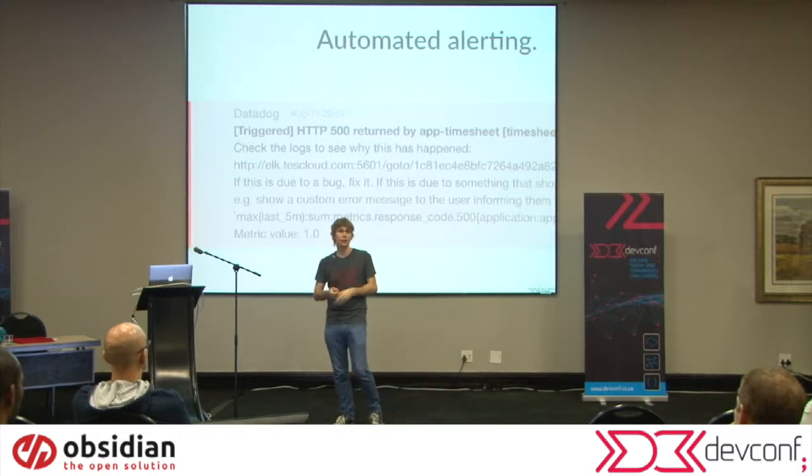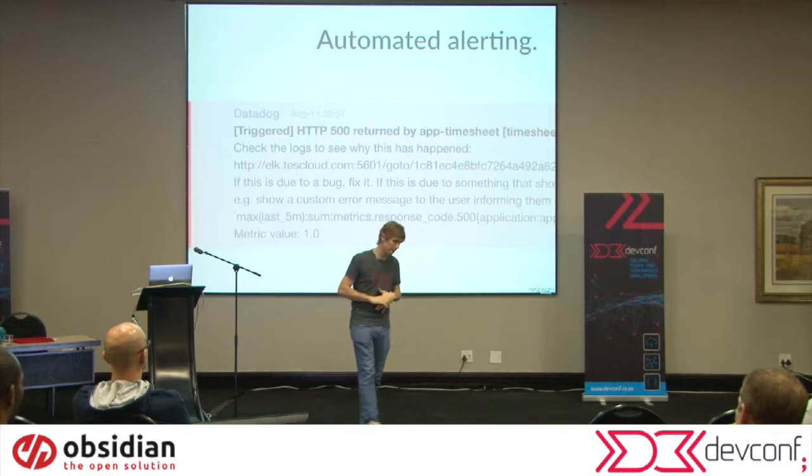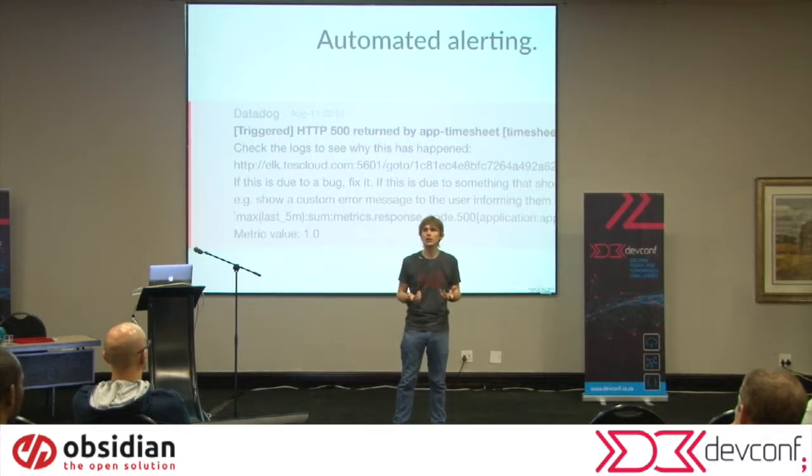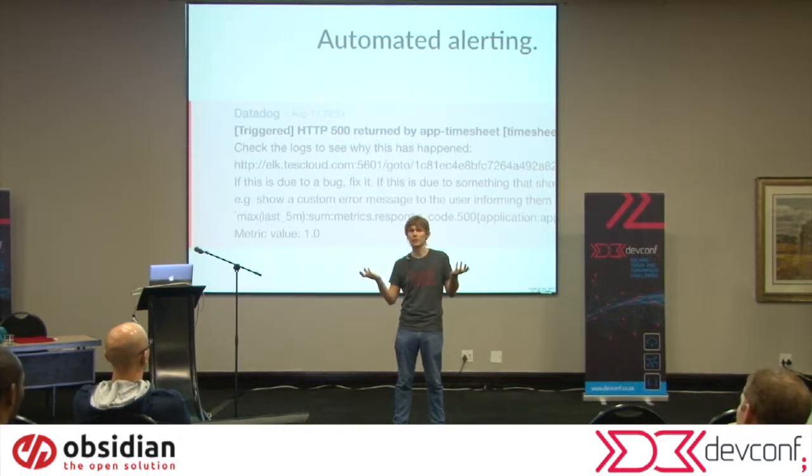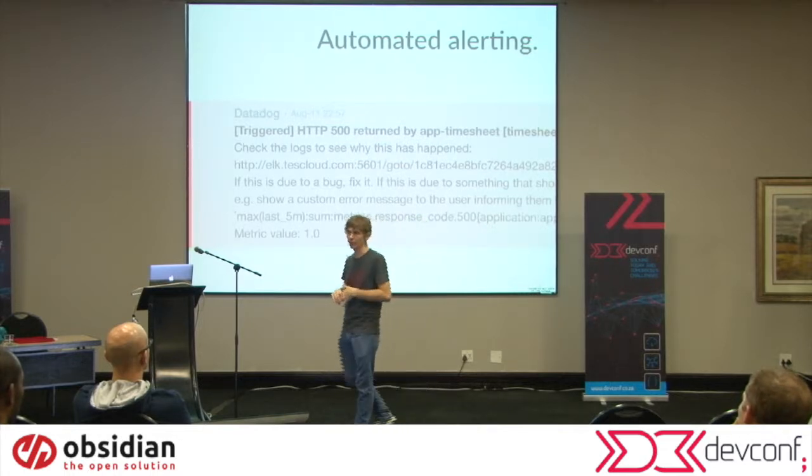If you're just getting started with this, my advice is to figure out the core aspects of the product that you're busy building. What are the things that make or break it? For example, for timesheeting, if no timesheets get approved, it's not good. That's what we care about. For you, it might be something different.